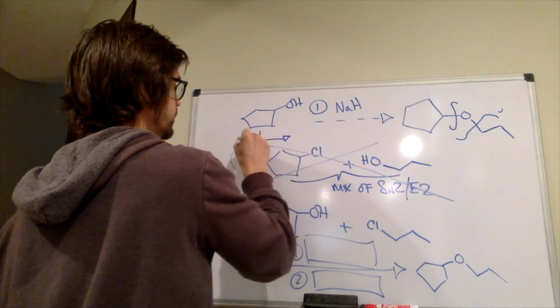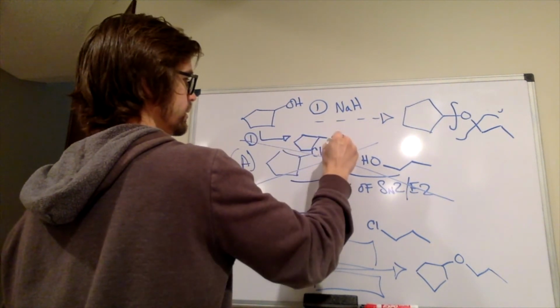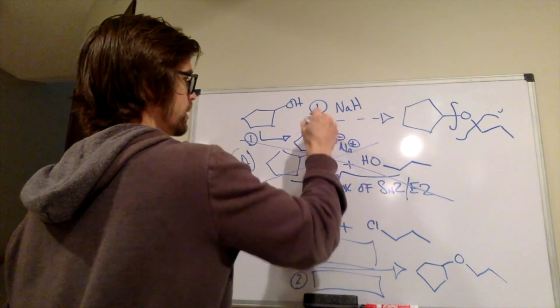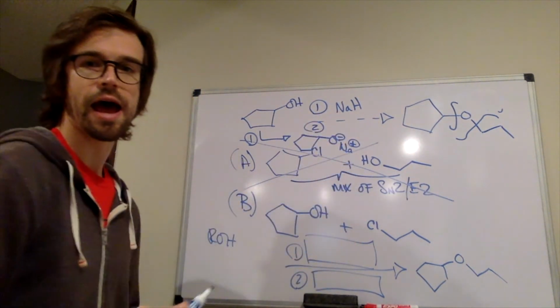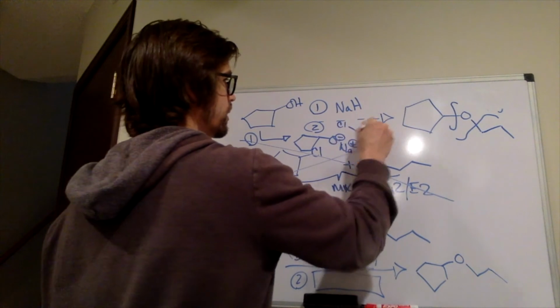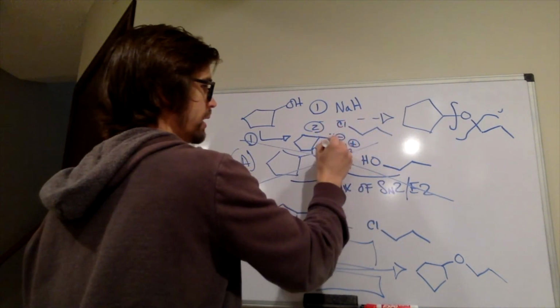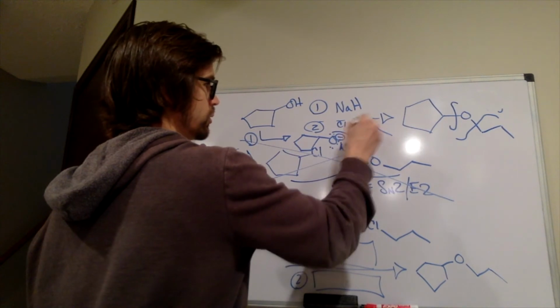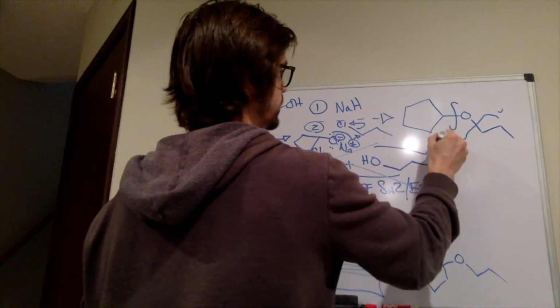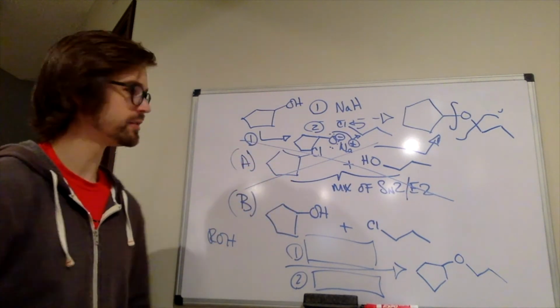That would produce the alkoxide that looks like this. And then secondly, we would add our electrophile. That would be that 3-carbon chain with the chlorine or bromine or iodine, and that would do a substitution reaction. So that is the best method of Williamson ether synthesis.